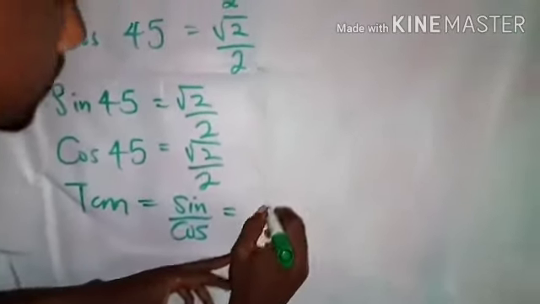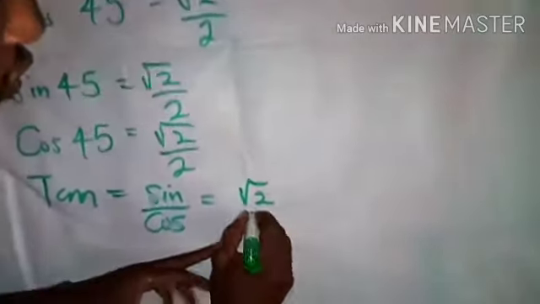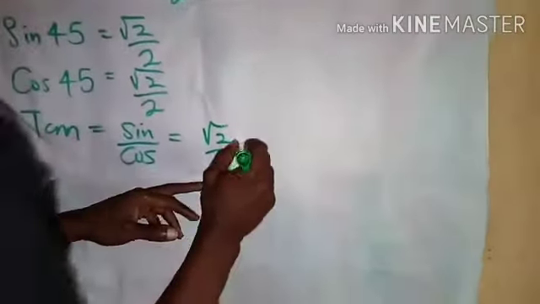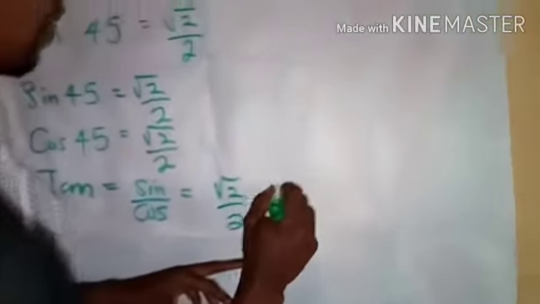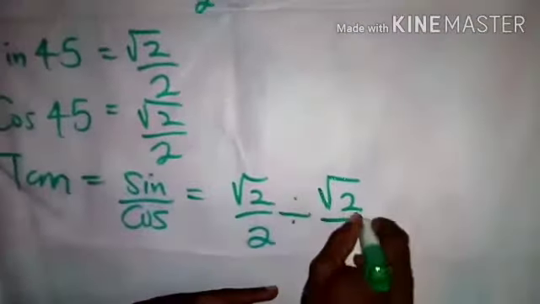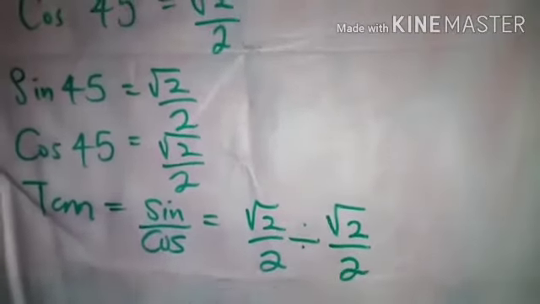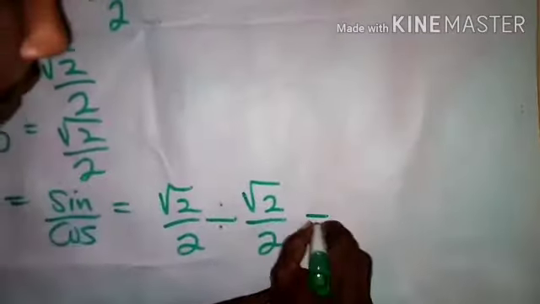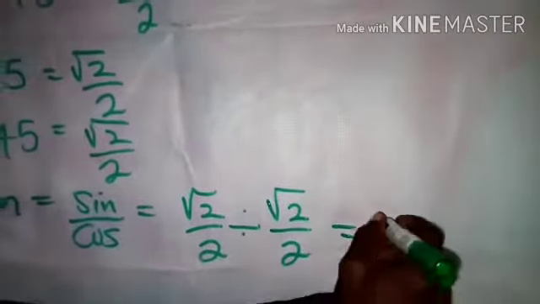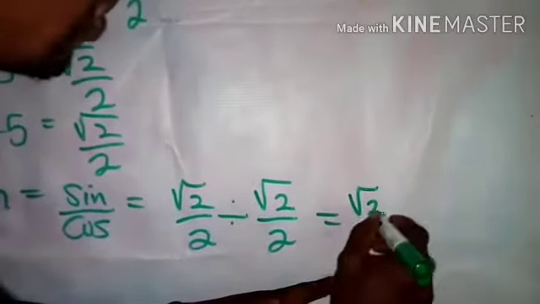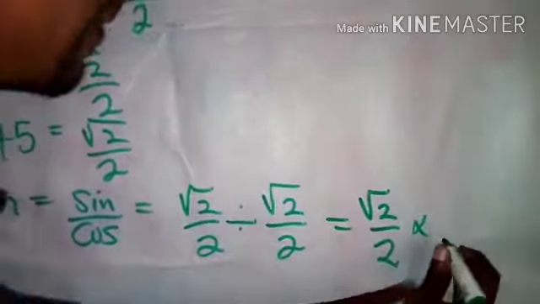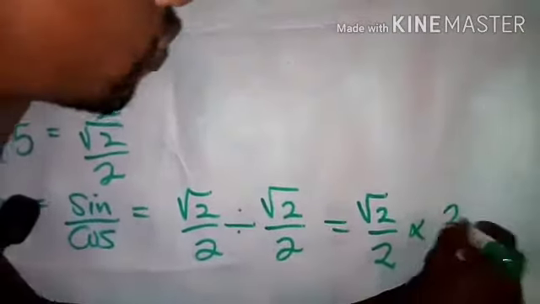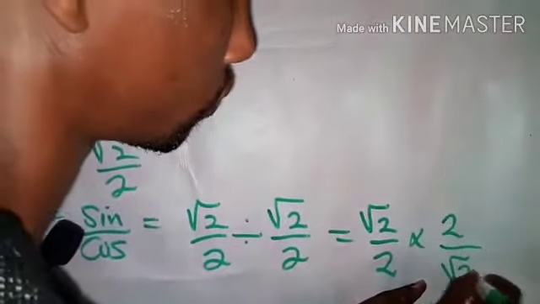So our sine is what? Root 2 over 2 divided by root 2 over 2. In maths, when you have something like this, we take the inverse, so it will be root 2 over 2 times the inverse, 2 over root 2.